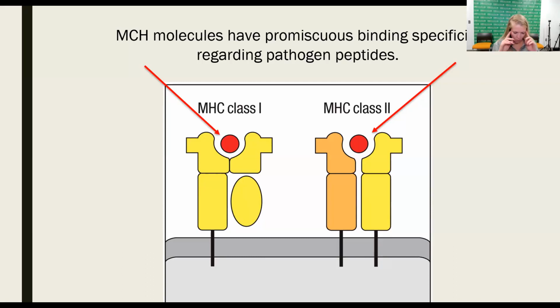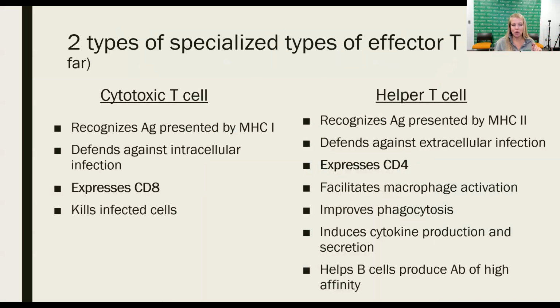Okay, we have two types of pathogen. We have intracellular, extracellular. We have two types of MHC, MHC class 1, MHC class 2. We're going to divide our T cells into the first division. And that is going to T cells.